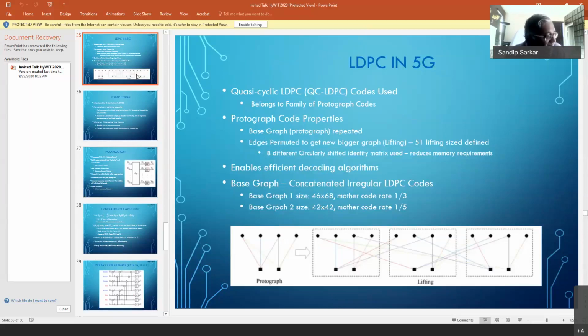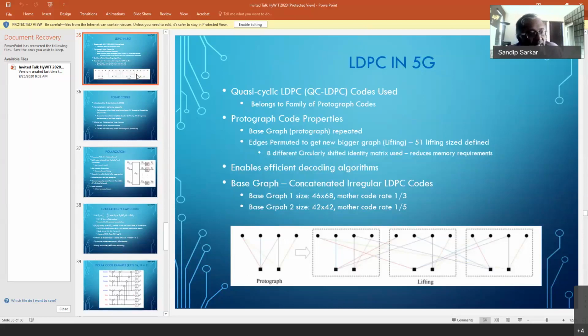And again, not all liftings will give you a very good code. So enough number of experiments were done. Tom Richardson, during his days, when the Flash-OFDM system was introduced, first came up with this technique.